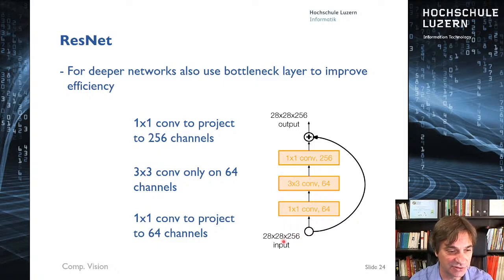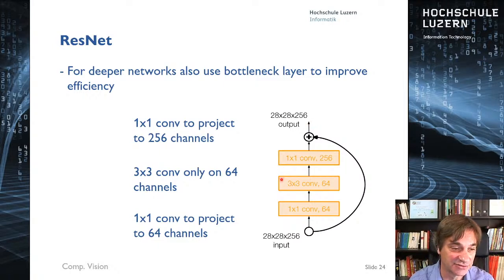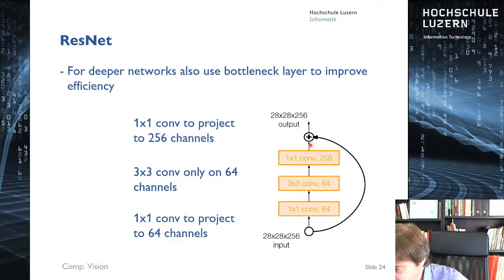So you want to go from 256 to 256 channels, but as we have seen, a 3x3 convolution with that number of channels requires quite a lot of parameters. So they used two 1x1 convolutions. The first one to get to 64 channels. Then you have a 3x3 convolution to get again 64 channels, and then you upscale the channels again to 256 channels, so that you have the same amount, and then can add the input here for the residual connection.